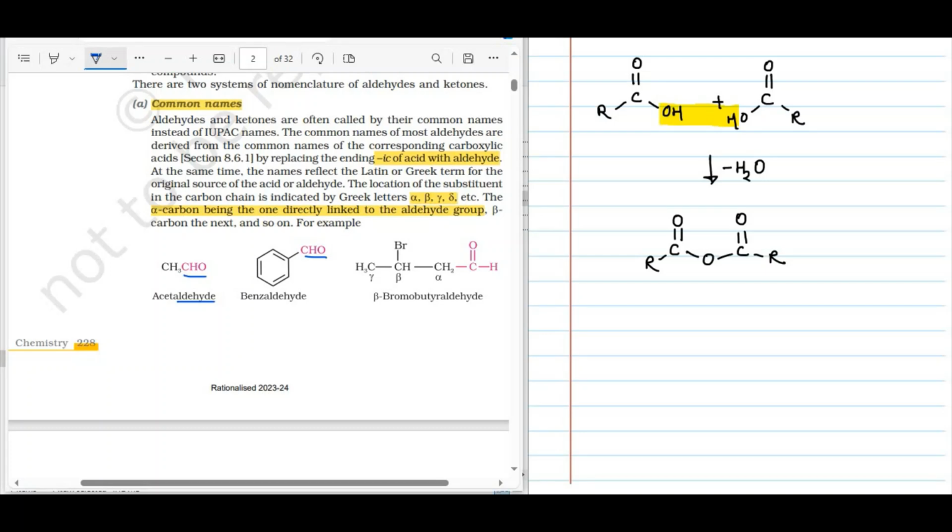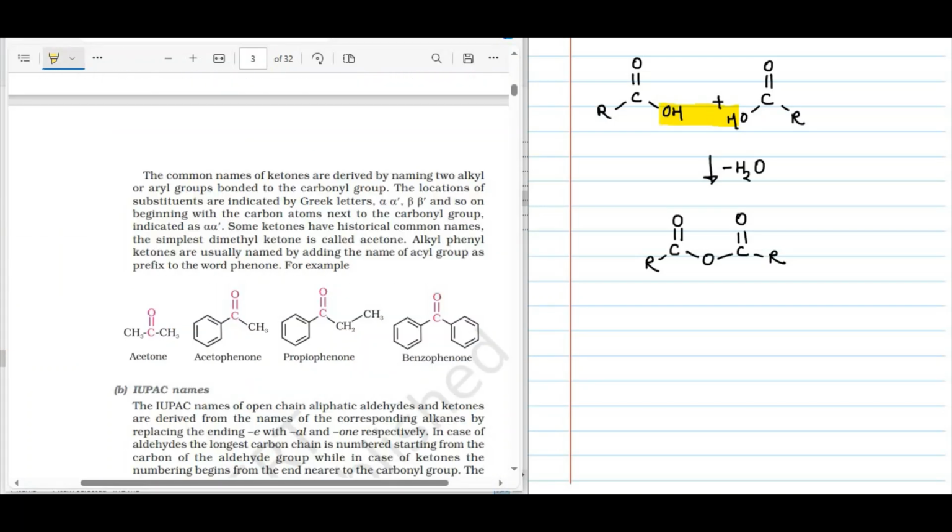In the third structure, there is an aldehyde functional group, and the carbon next to the functional group is the alpha carbon, the carbon next to alpha is the beta carbon, and the carbon next to beta is the gamma carbon. As a bromo substituent is bonded to the beta carbon, the name of this molecule is beta-bromobutyraldehyde.